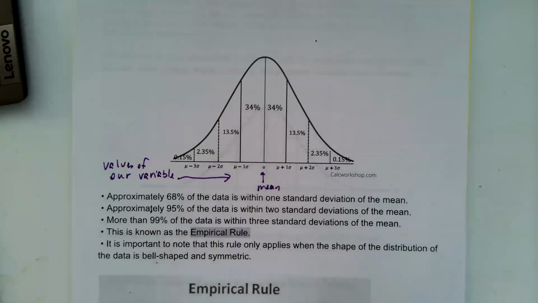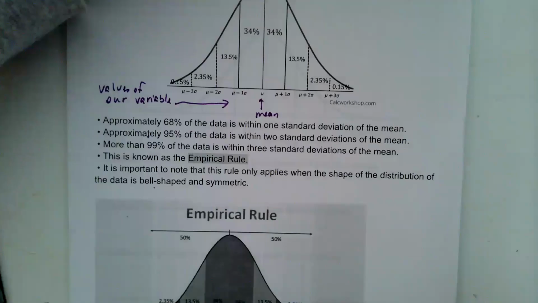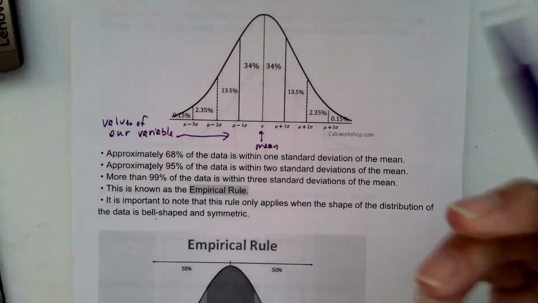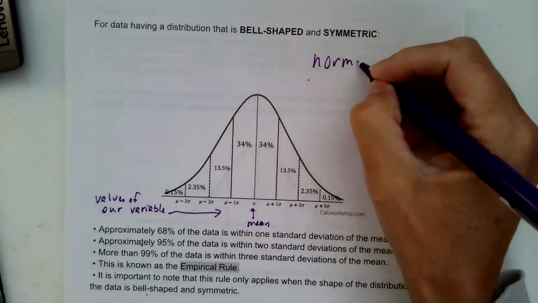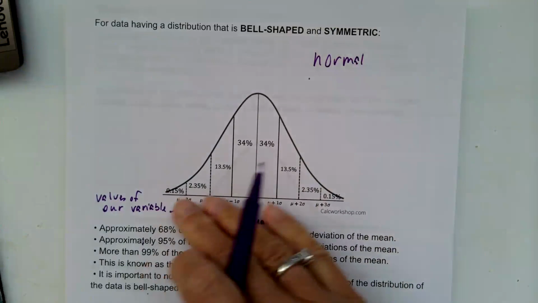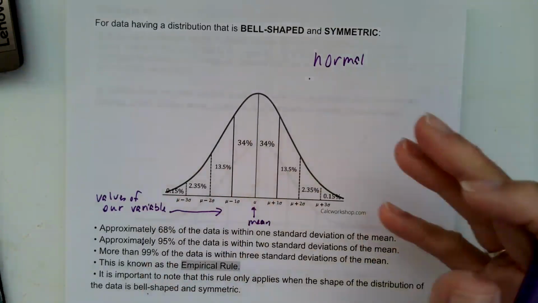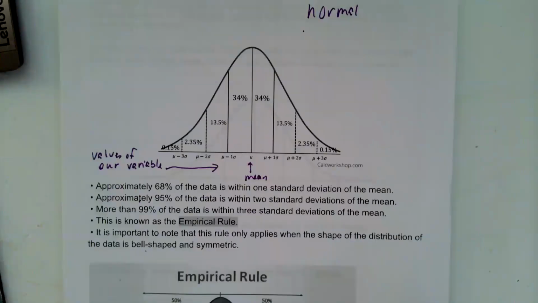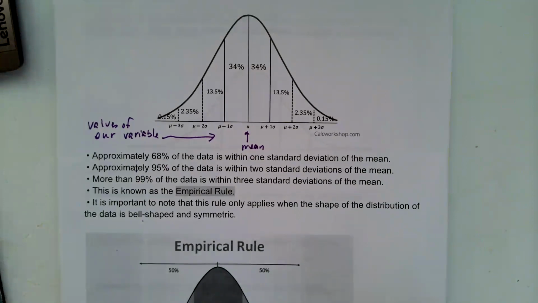Okay, we're going to use this a lot for the rest of the semester. If our data is in fact truly symmetric, we call it normal, then our data should follow in this pattern. And if it doesn't, that tells us we have an atypical situation or an unusual situation. And that's going to help us when we start doing hypothesis testing later on.